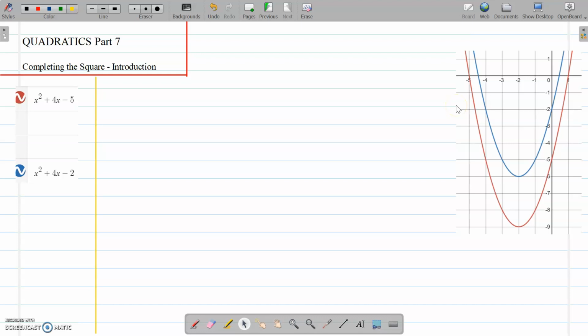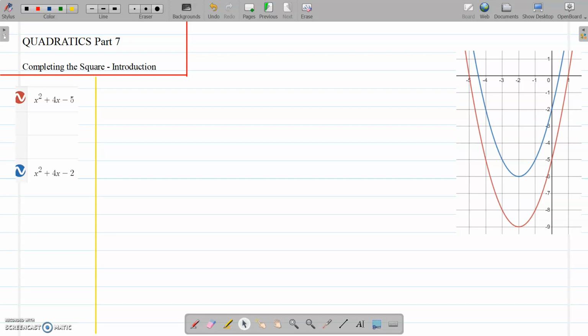Now I just want to point out that I'm not dealing with solving quadratic equations. I'm just looking at changing a quadratic expression into what we call a completed square form, and the information that gives us about the graphs. We will move on to solving equations through completing the square in later videos.